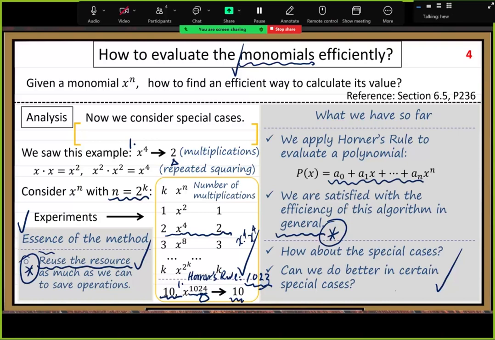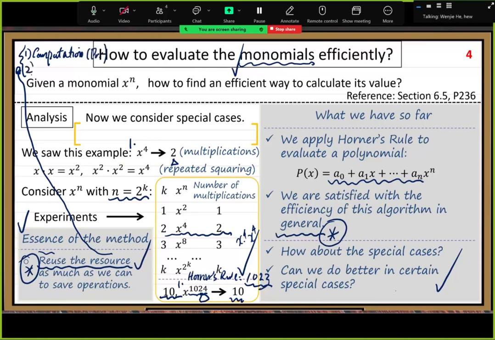What kind of resource are we talking about here? I mean two types of resource that we want to try our best to reduce. The first type is the primary resource, the computation resource.